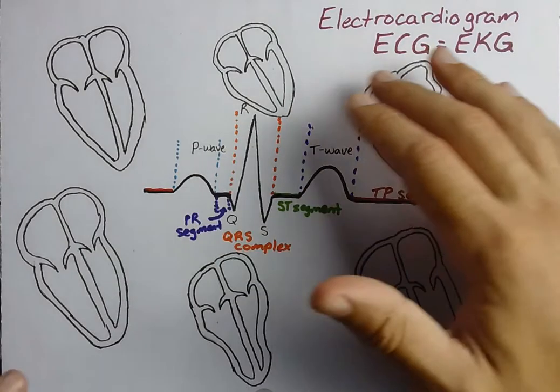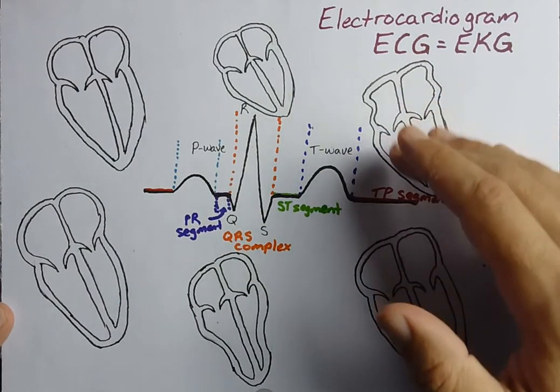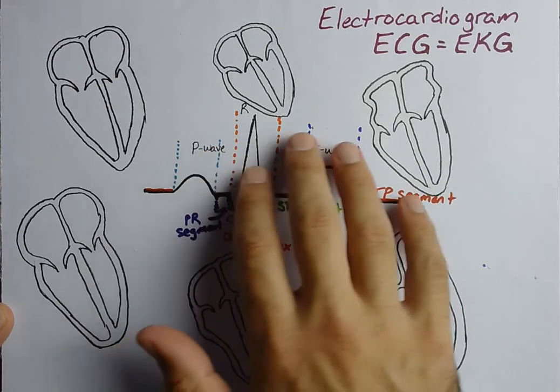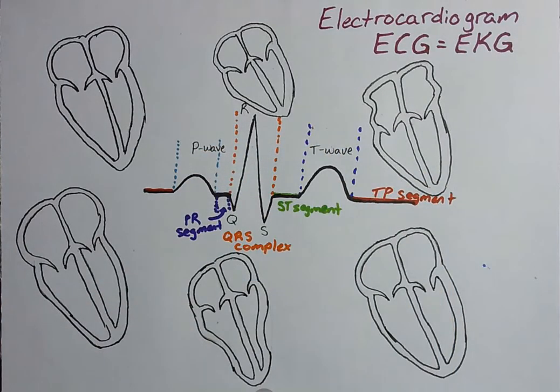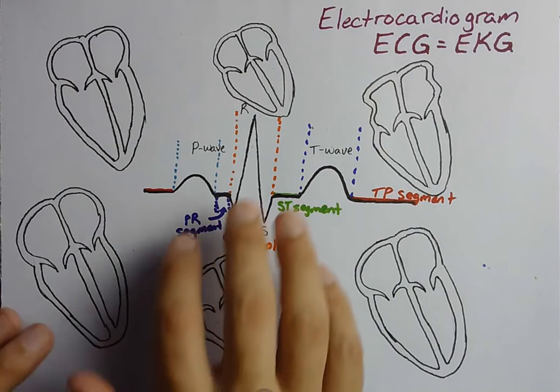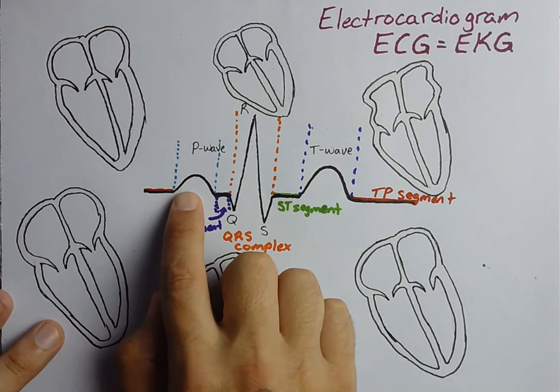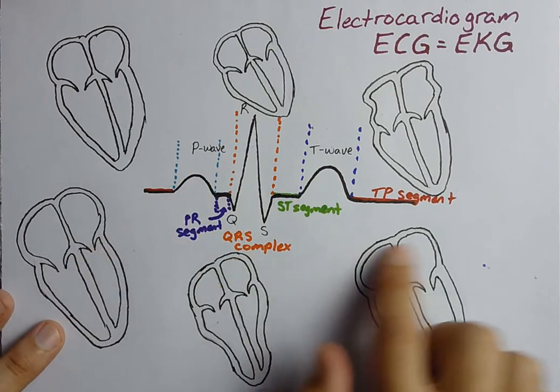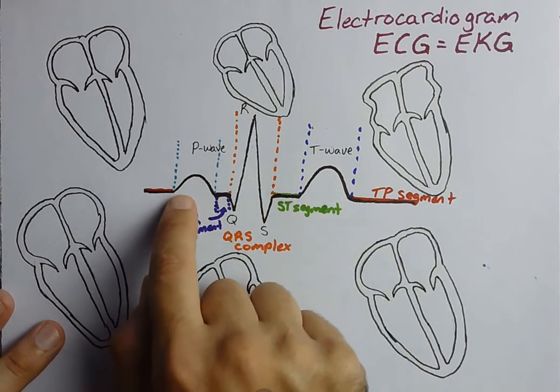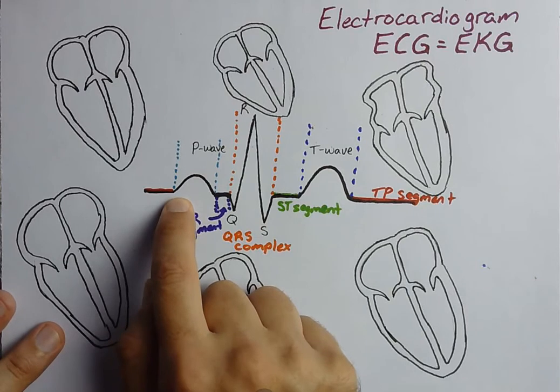But let's now try to understand what each part of these is actually indicating. Remember what I mentioned at the very beginning: the EKG is a representation of the summation of all the current going through the body. So when we're looking at the P wave, we're looking at the very beginning of a cardiac cycle. Where is this electricity coming from?